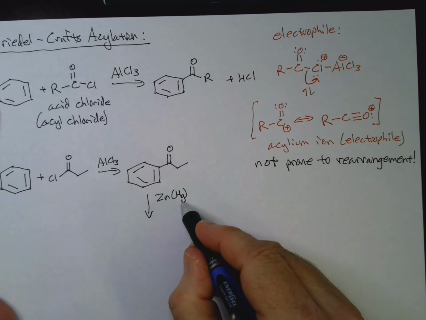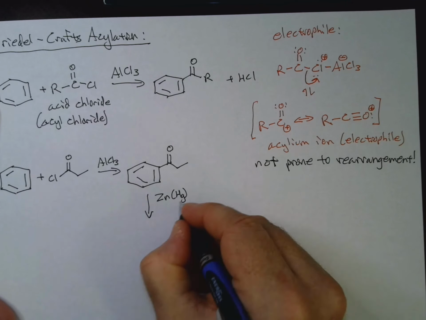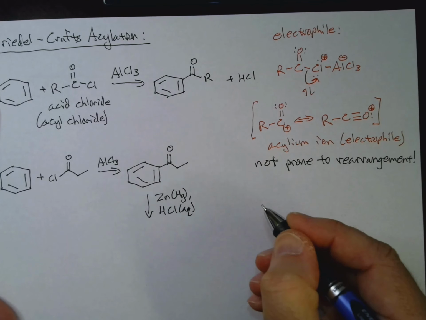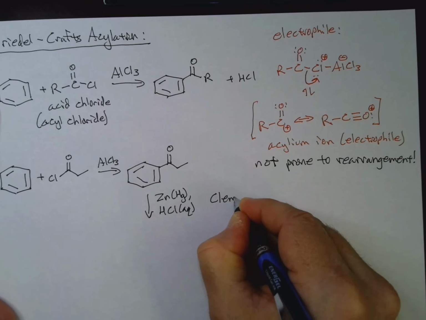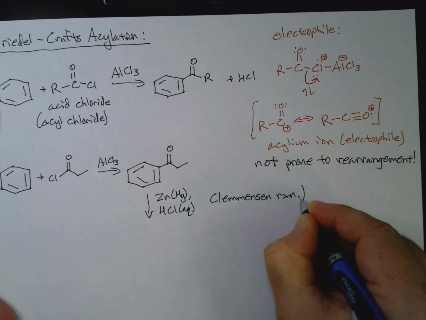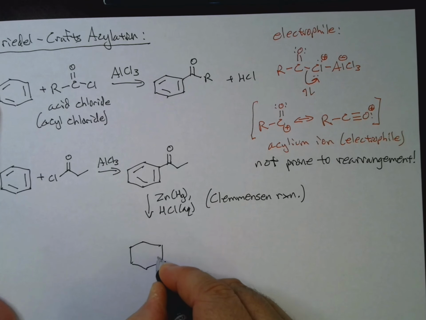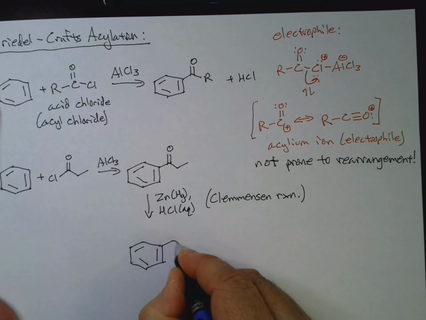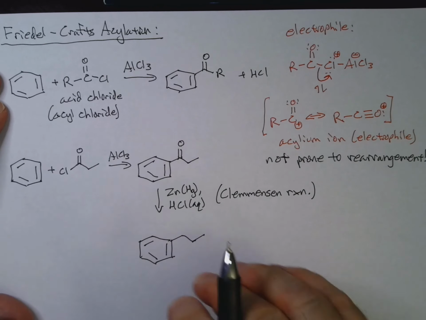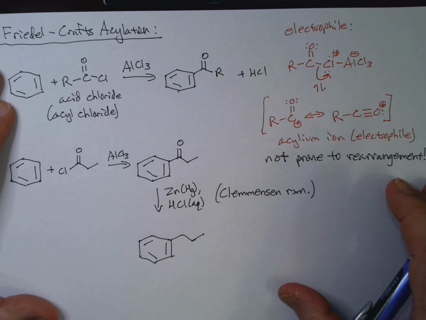That's a zinc-mercury amalgam. So those are the two metals mixed together. And aqueous HCl. This is called a Clemmensen reaction. And now that gives us our propyl benzene. So this gets around the limitation of the Friedel-Crafts alkylation.